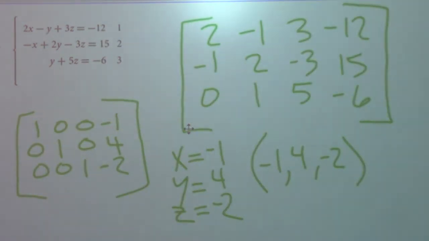Okay. So how long did it take you to do that problem? So it took you longer to write it down than it actually did to do it, is what it amounts to. Okay? All right. That's some good work right there. Appreciate that.